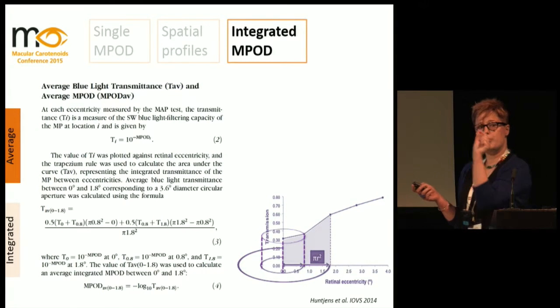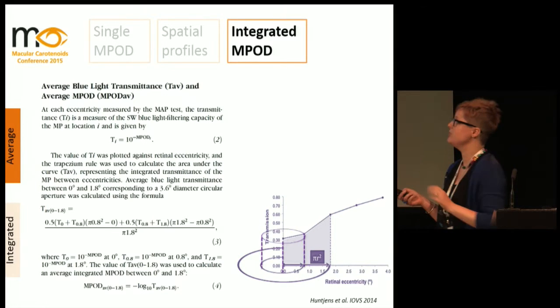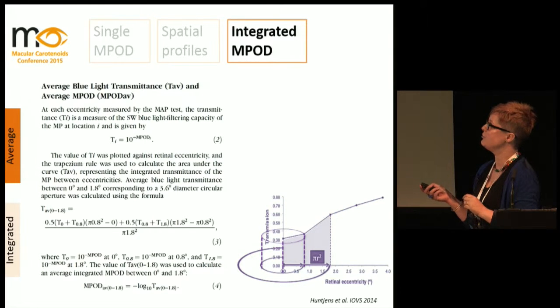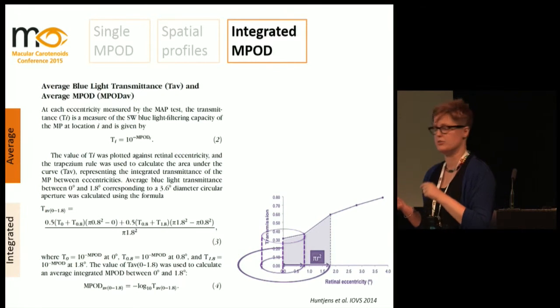The individual macular pigment measurements at each eccentricity is used to calculate the transmittance at those corresponding eccentricities.